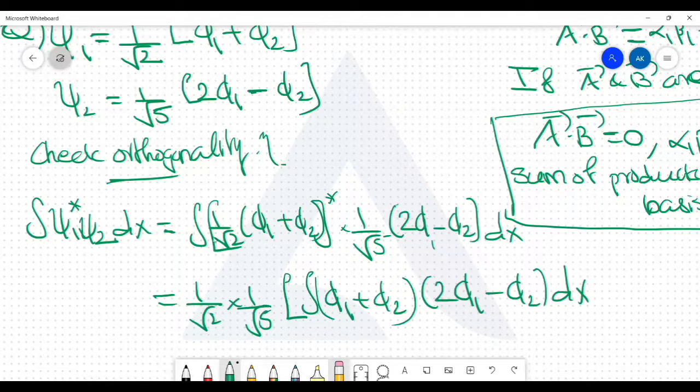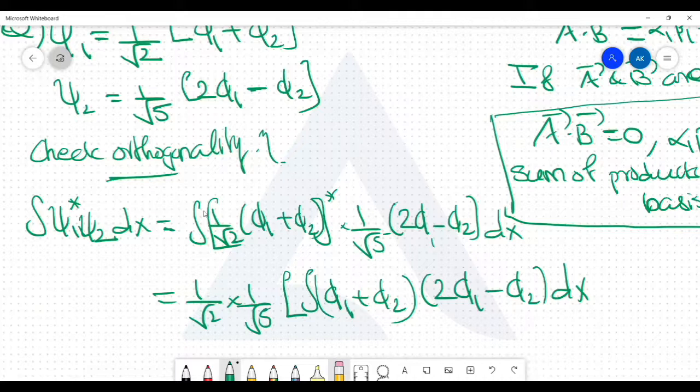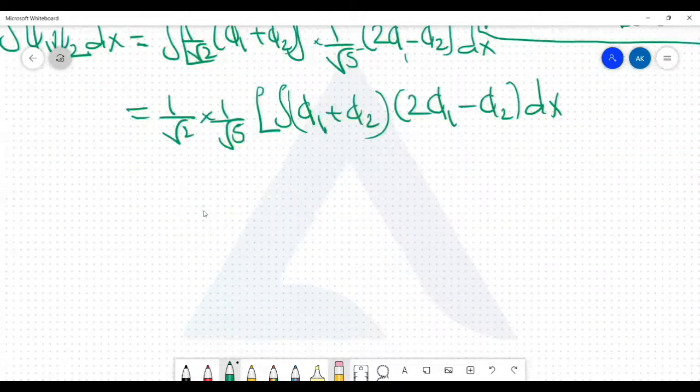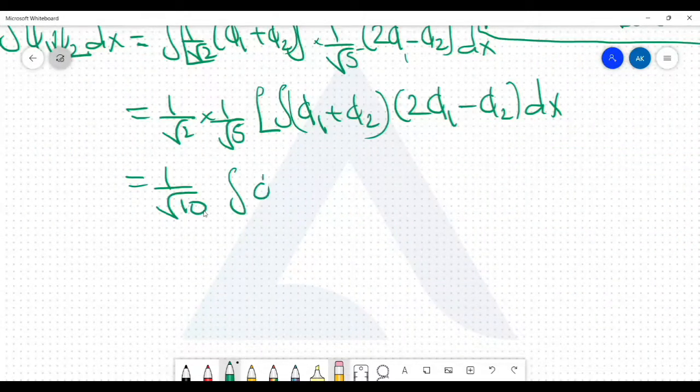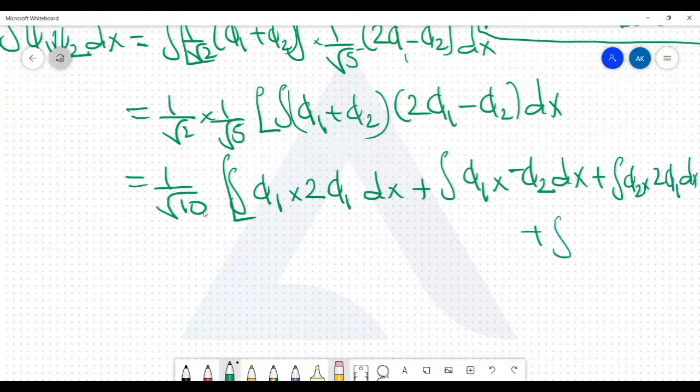But we know that the states are orthogonal. Different states are orthogonal. Therefore, I could get 1 by root 10 integral phi 1 into 2 phi 1 dx plus integral phi 1 into minus phi 2 dx plus integral phi 2 into 2 phi 1 dx plus integral phi 2 into minus phi 2 dx.